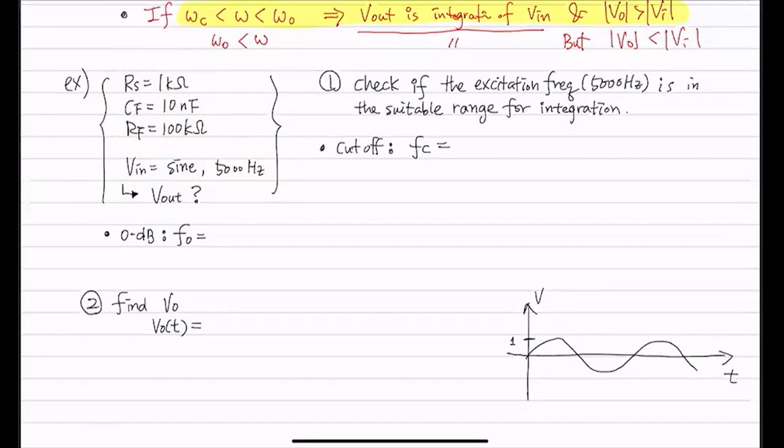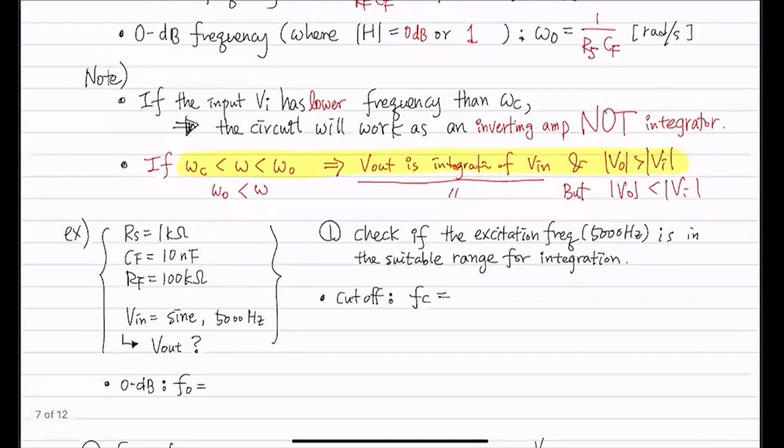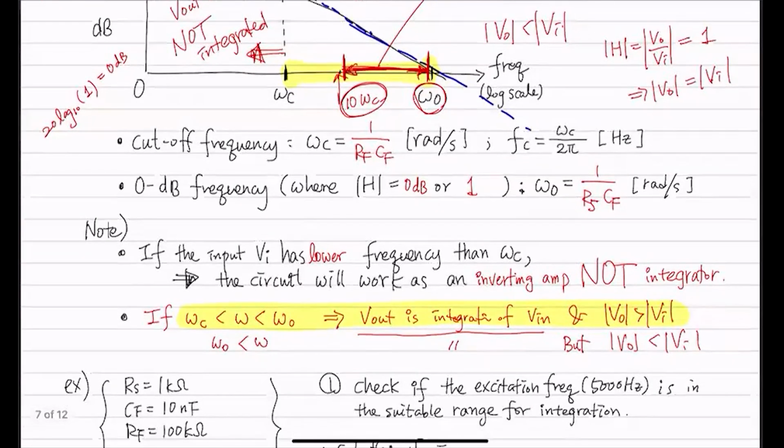So for that, step number one is to check if the excitation frequency, the input frequency, 5,000 hertz, is in the suitable range of integration. The suitable range is from here to there, right? So we would like to see whether 5,000 is between these two values.